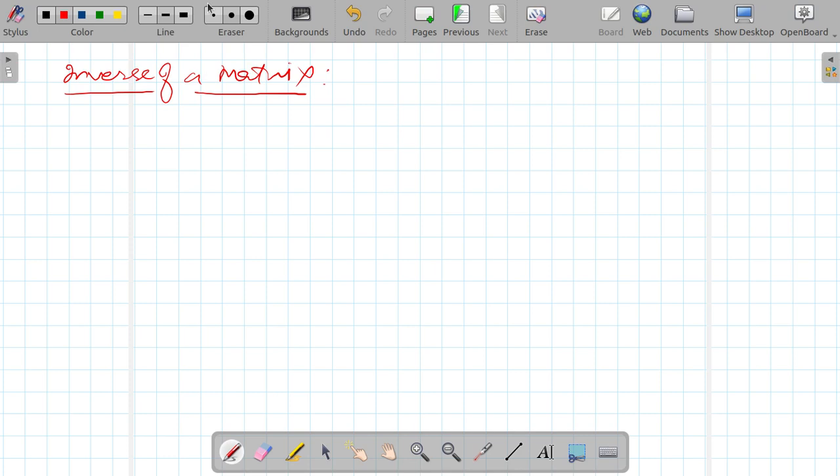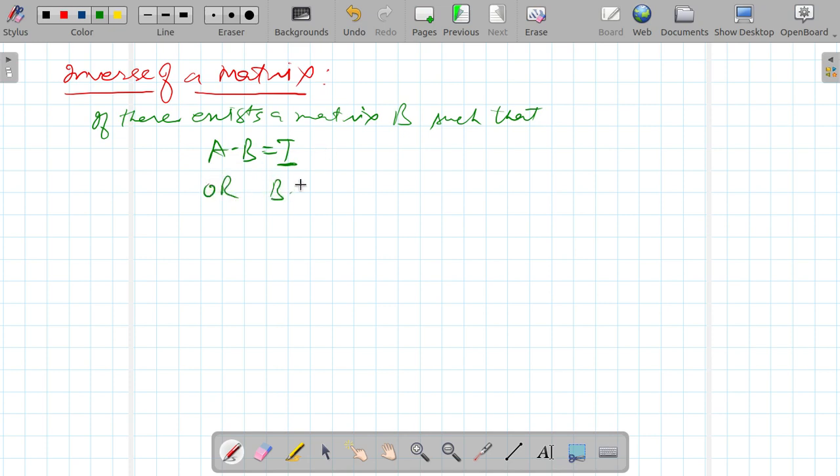If there exists a matrix B such that A dot B is equal to I, or B dot A is equal to I, then B is called the inverse of A, that is A inverse.